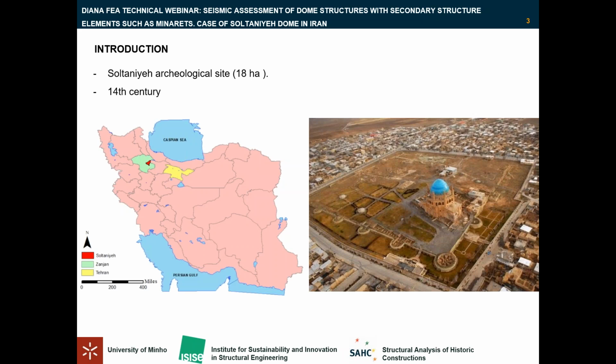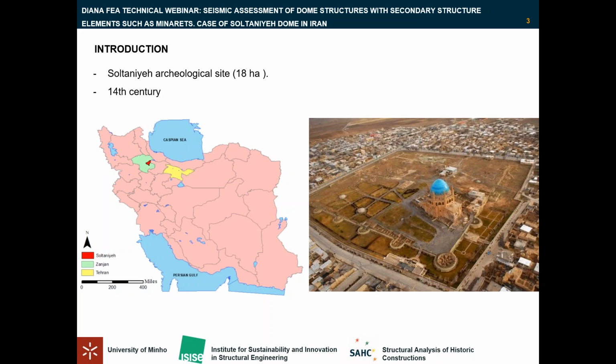One of Iran's most fascinating heritage buildings is the Dome of Soltaniyeh, which is located in the east of the country in Zanjan province and in an extensive archaeological site. According to the archaeological evidences, the site of Soltaniyeh was occupied at least from the first millennium BC as the ancient capital of the Ilkhanid dynasty.